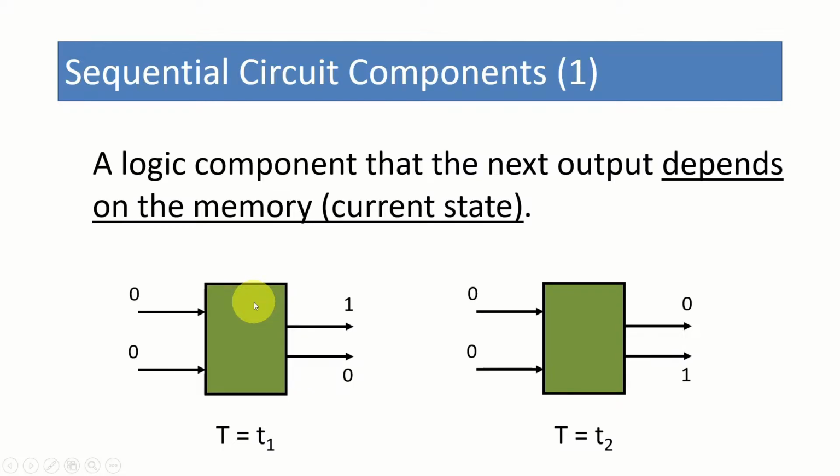Therefore, for a sequential circuit component, when you give the same input combination, there's a possibility of getting different outputs because it depends on the current state as well. To get to the final state, you have to look at a sequence of steps in order to understand what is going to happen at the end. That is why we call them sequential logic circuit components.